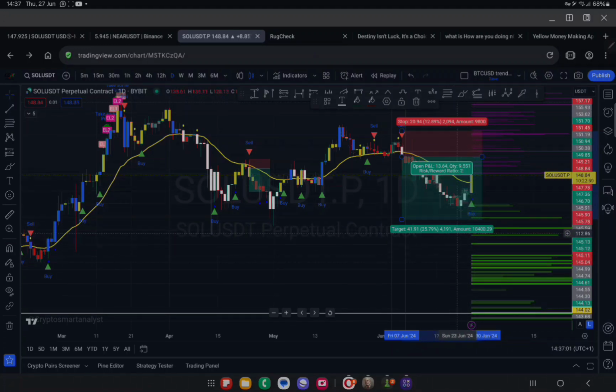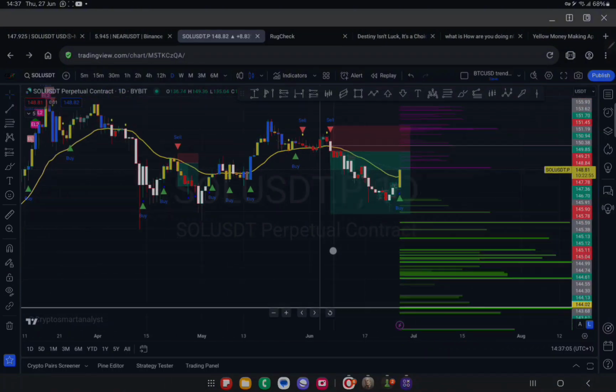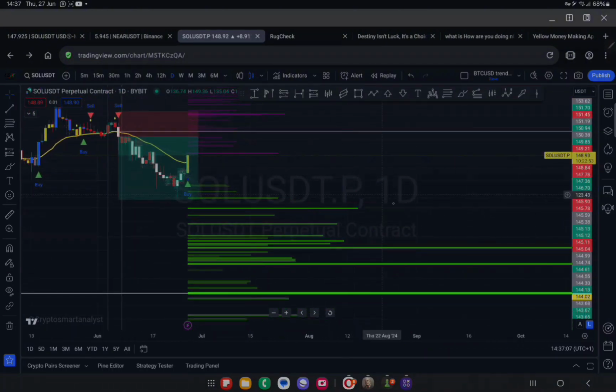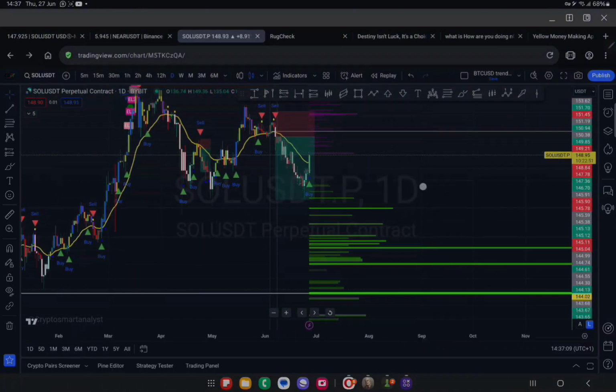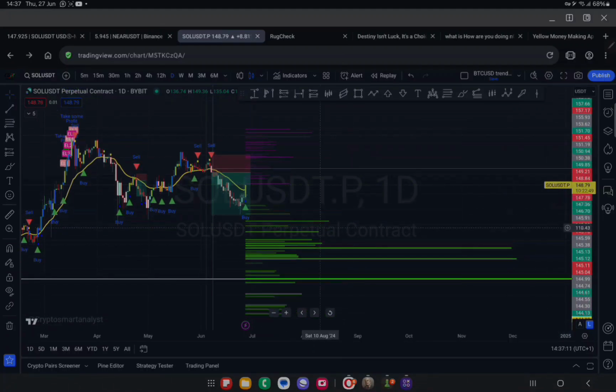Another amazing thing that we just added is the liquidity on chain. As a smart trader, you know that exchanges and smart money tend to track, they want to get you liquidated, they want to get your money.